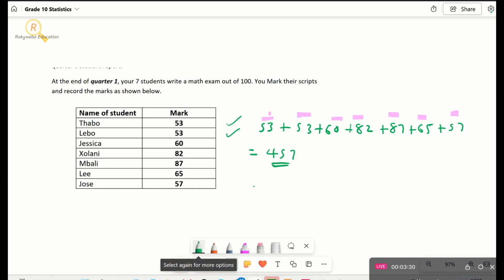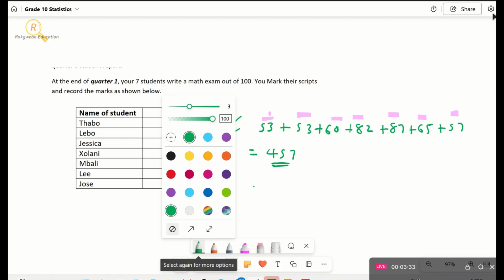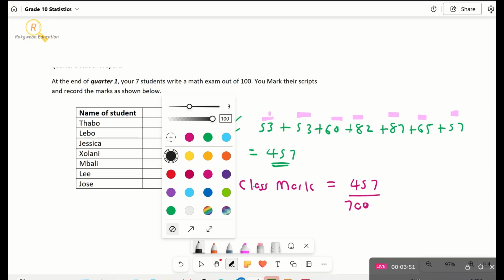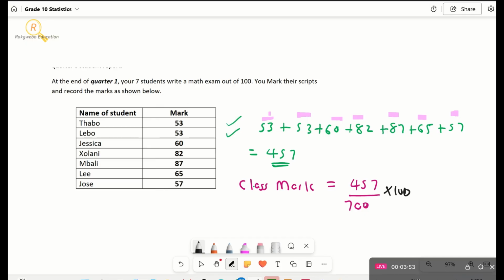So the class mark is 457 over 700. Now you want to make this a percentage, so you multiply by 100. When you round off to 2 decimal places, it gives you 65.29%.